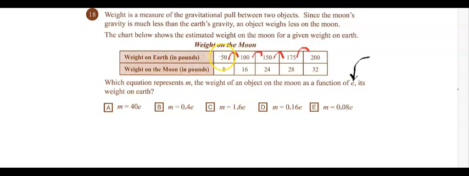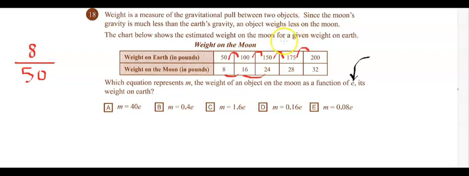From here to here that's 50, so the run is 50. I want to make sure they're consistent, because it doesn't have to go up by 50, as long as rise over run gives you the same answer. What about 8 to 16? 16 to 24? As long as that's consistent, then we're good. So that's going to be 8 over 50.